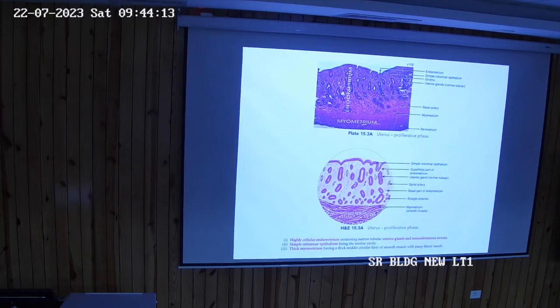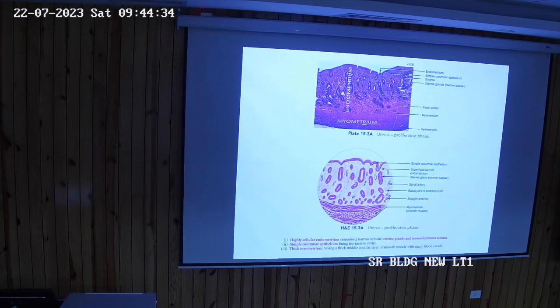Second thing, the blood supply of the stratum functionalis is spiral in shape. Very important, and it is commonly asked by anatomists: what is the blood supply of the functionalis part? The blood vessels of the functionalis are not straight.